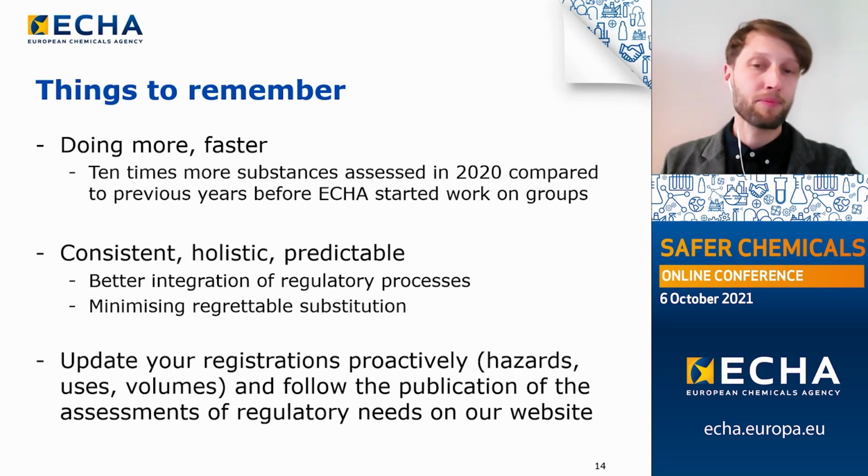For example, last year alone, we found around 300 substances that would be potential risk management candidates if the hazards are confirmed. We are more consistent, holistic, predictable. We minimize regrettable substitution. We integrate the regulatory processes. And we make the whole machinery of REACH and CLP processes work more smoothly and more predictably.